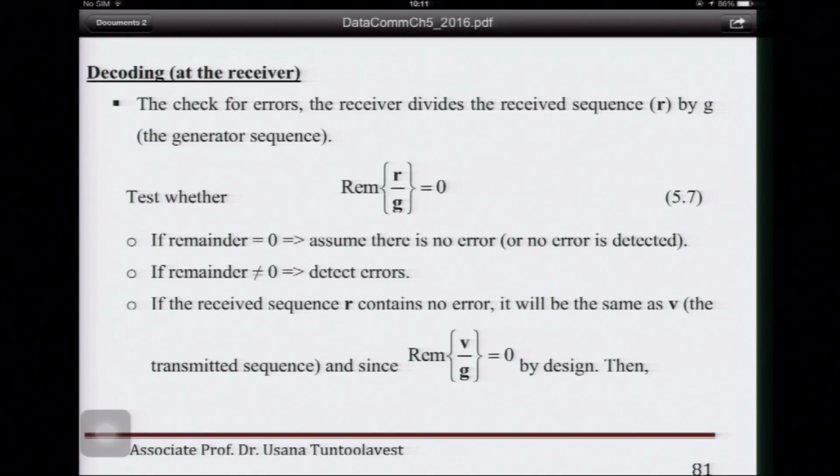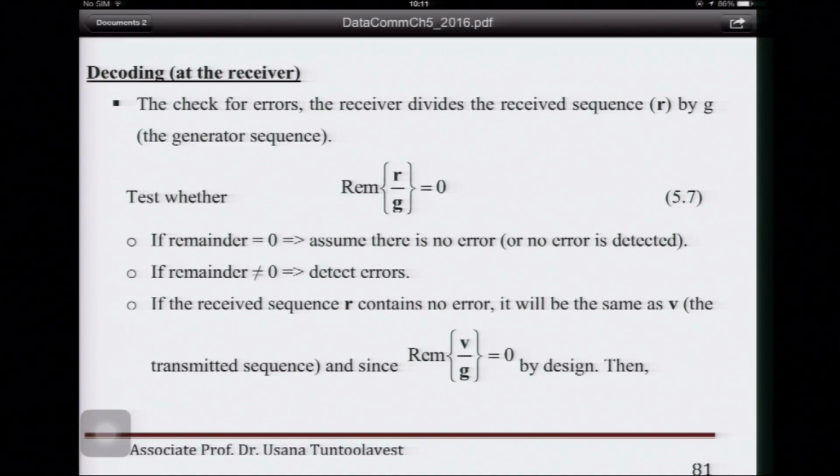If the remainder is equal to 0, you will assume that no error is detected. Even if there is some error, which is very low probability for a good code, the probability that you will have an undetected error is not 0.